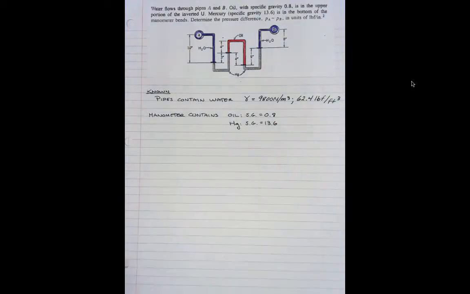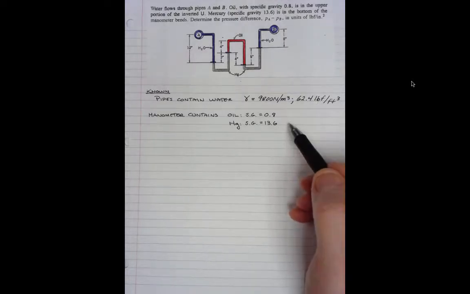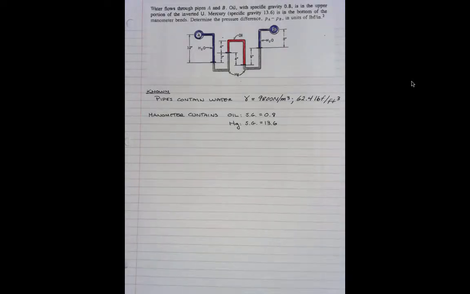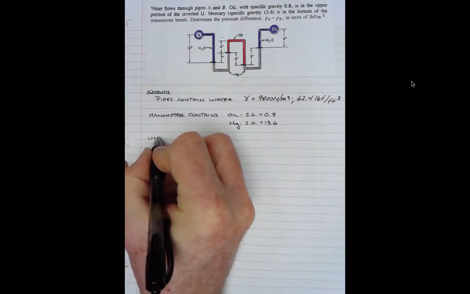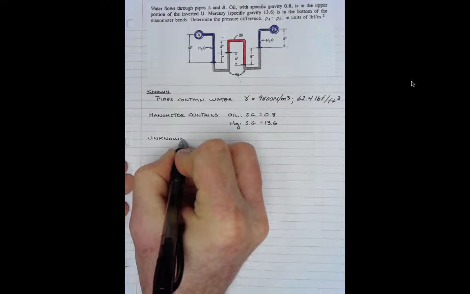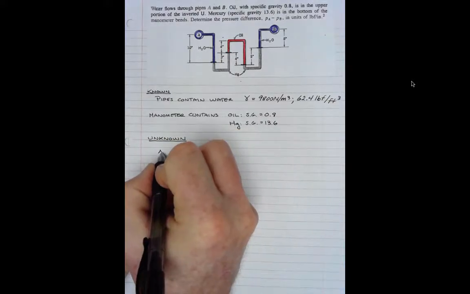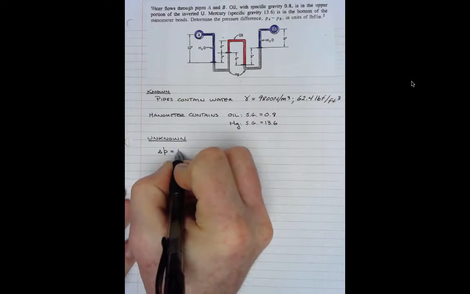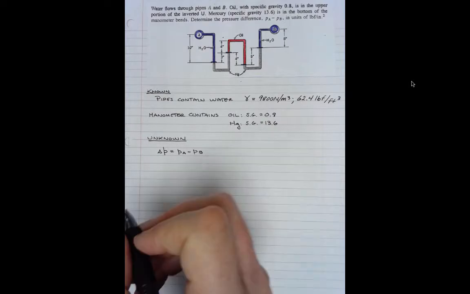We'll be able to use those to adjust the specific weights as we go on. What's unknown is the pressure difference, delta P, which equals pressure A minus pressure B.